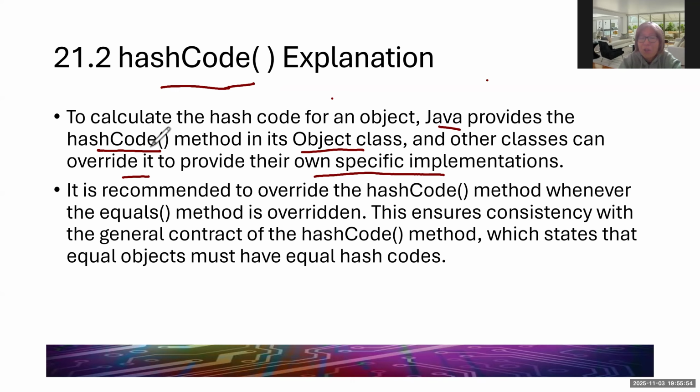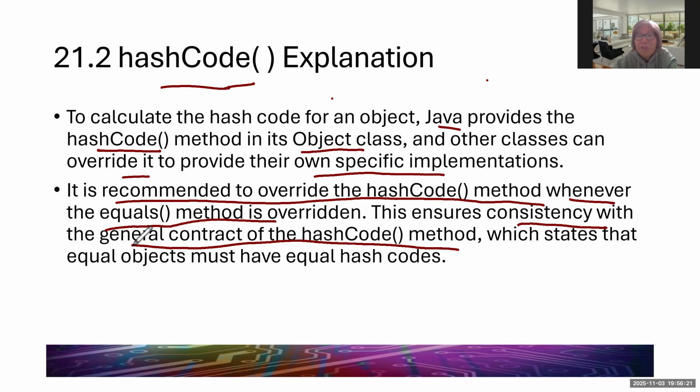If you just use Object's, it may not be applicable to all cases. So generally it's recommended to override the hashCode method whenever you override the equals method, because this ensures consistency with the general contract of the hashCode method.